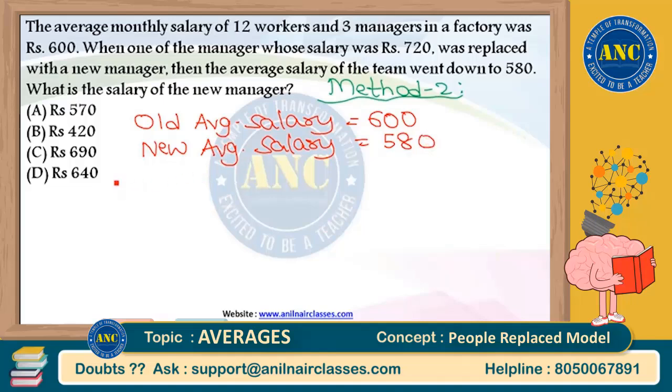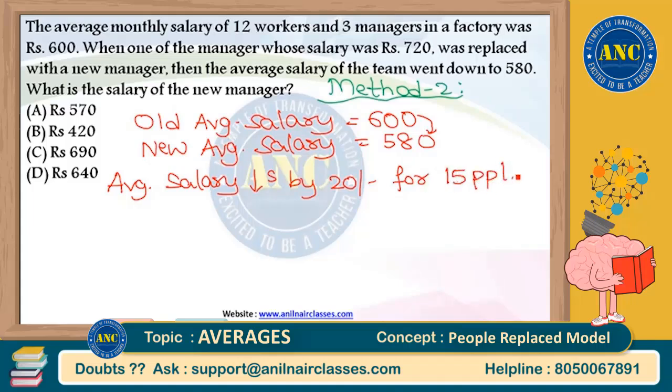That means the average salary, which was 600, now became 580. Average salary decreases by 20 rupees for all 15 people.